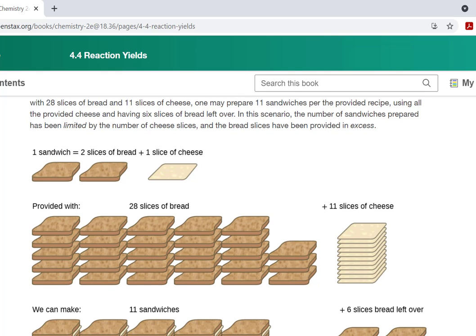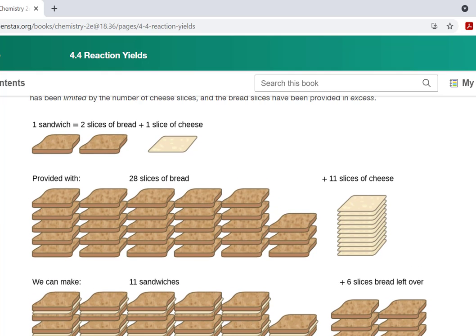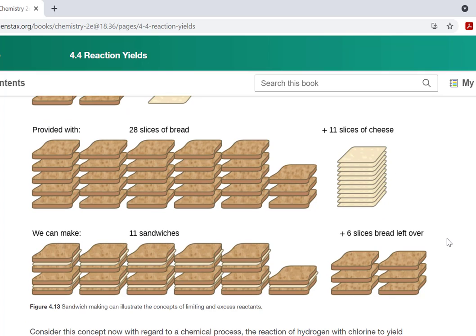What can we make with that? We can make 11 sandwiches because we have 11 cheeses, and then we would have some leftover bread because for every cheese we need 2 breads, and we have 28 breads. We would need 22 cheeses, so we have 6 leftover pieces of bread.